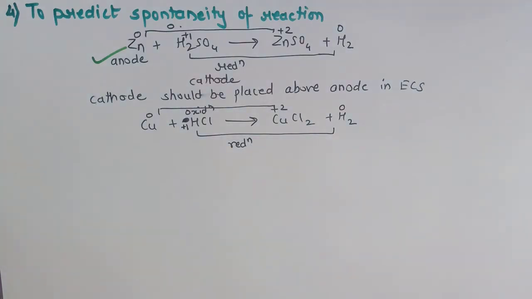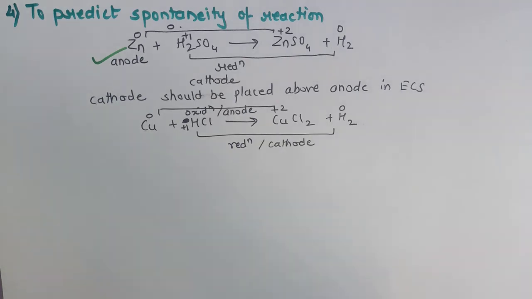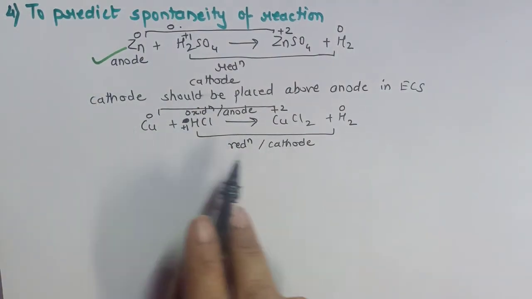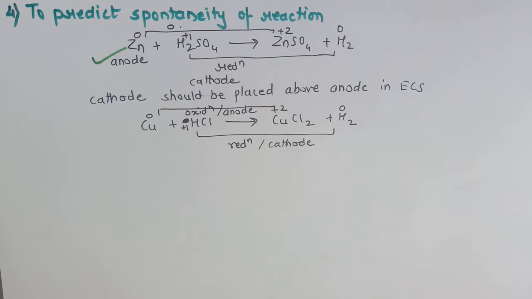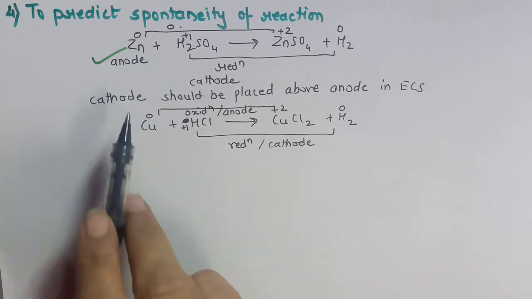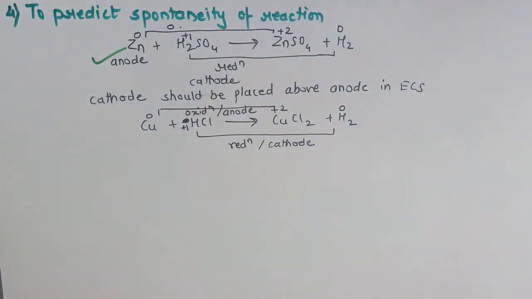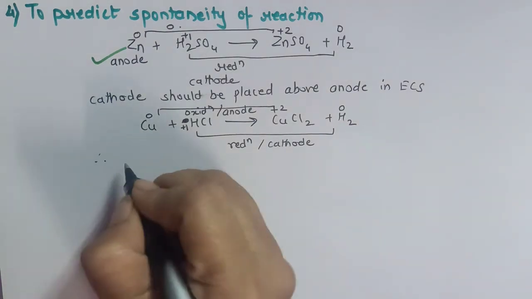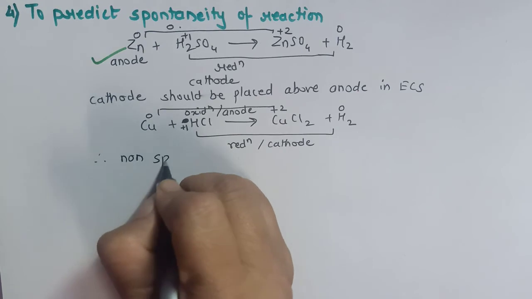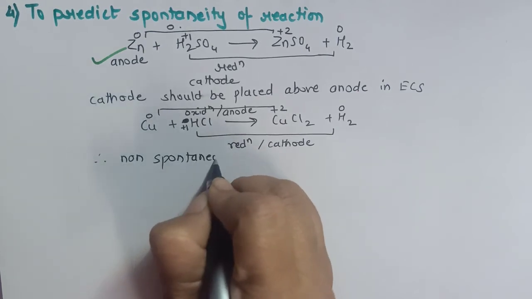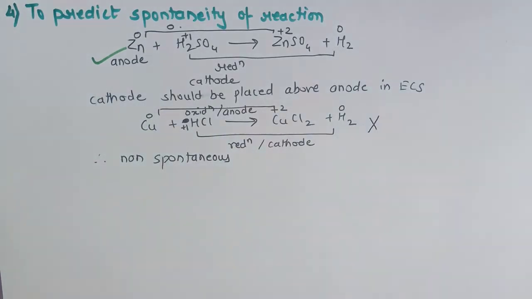So reduction is taking place, but in the electrochemical series copper is placed above hydrogen. So according to the given reaction, hydrogen is acting as cathode and copper is acting as anode, but actually the reverse has to be there. Cathode should be placed above anode in the electrochemical series, and therefore this reaction is non-spontaneous. This combination will not be possible.